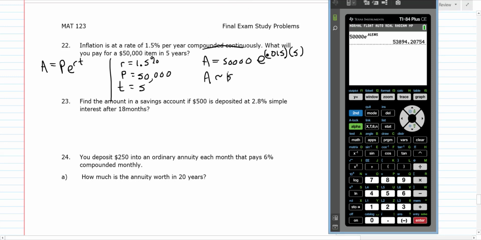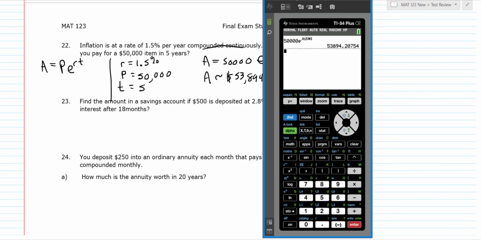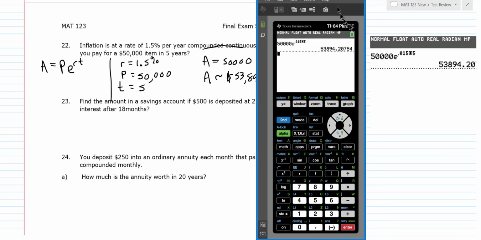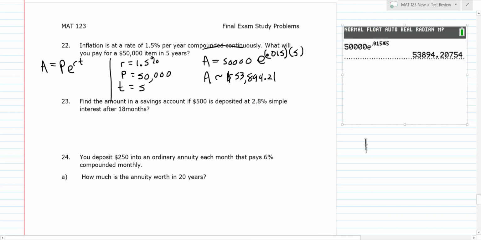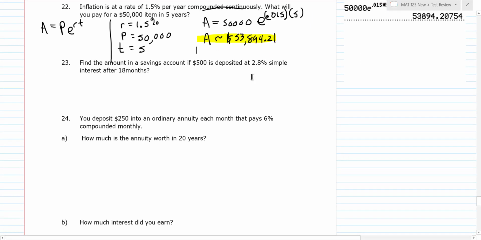So that is going to inflate to $53,894.21. So that price has gone up by that inflationary rate. All right, so that's the answer of the problem.